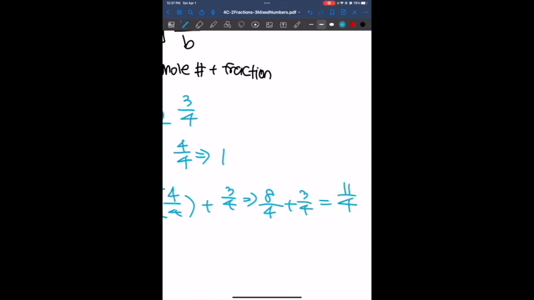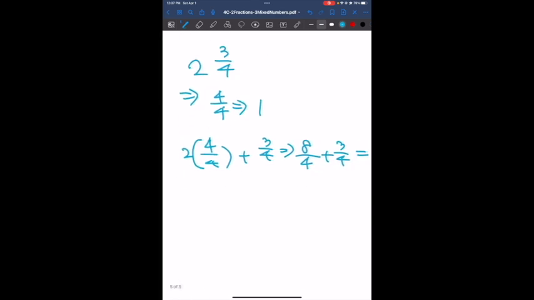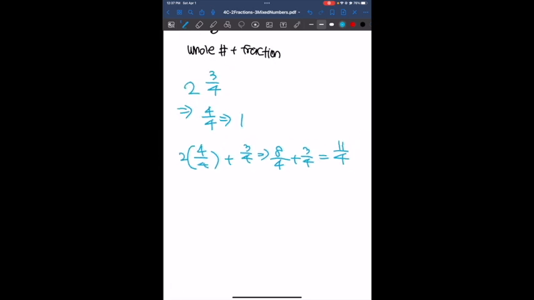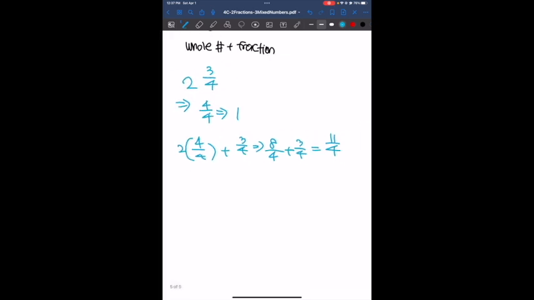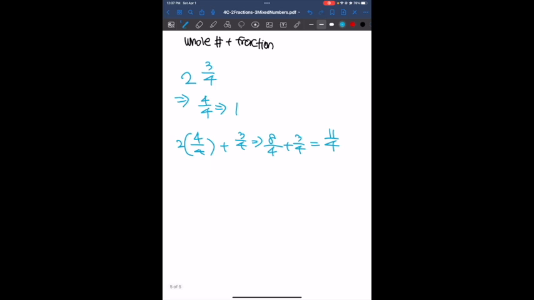And so an easy way to convert a mixed number into an improper fraction, because sometimes it's easier to work with improper fractions when we add or subtract, is you multiply.